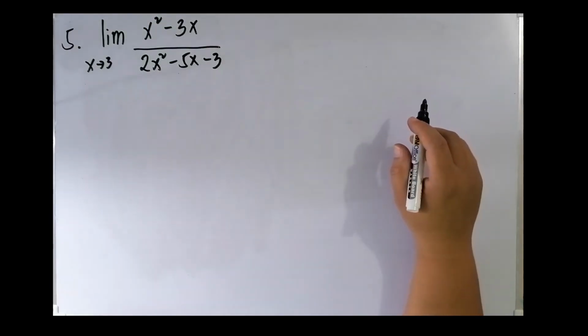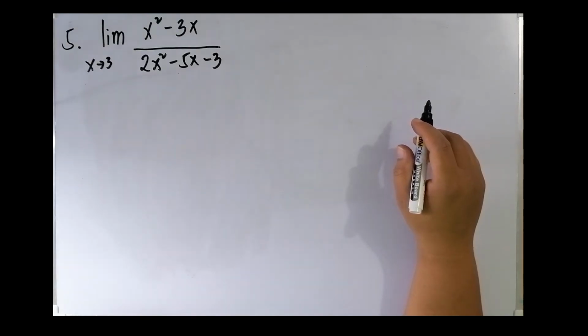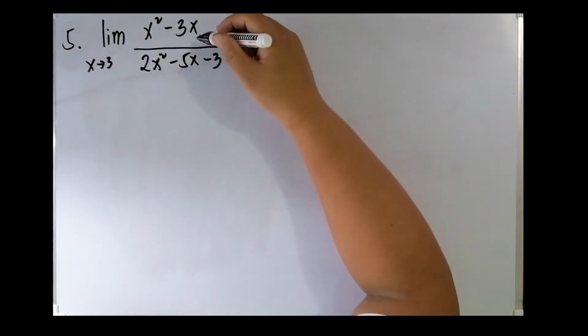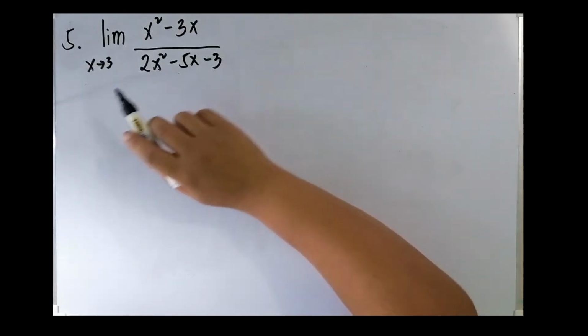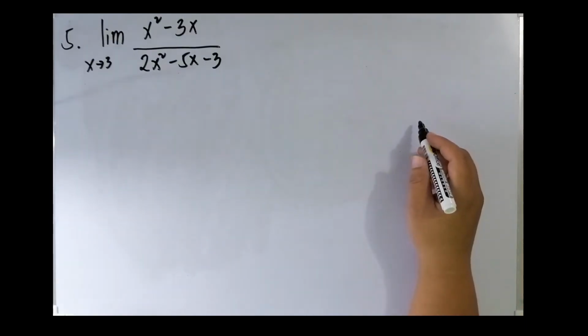So, for our next example, we have the limit of rational functions. We have the limit of x squared minus 3x all over 2x squared minus 5x minus 3 as x approaches negative 3.